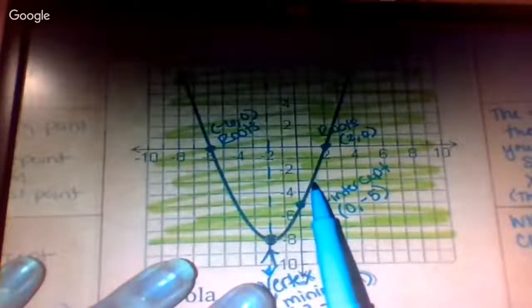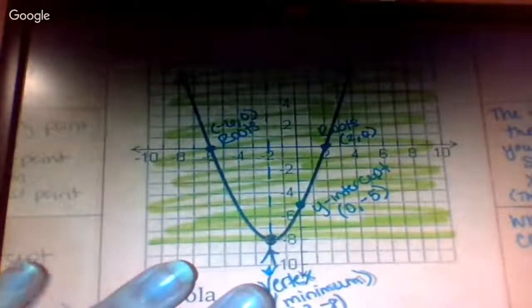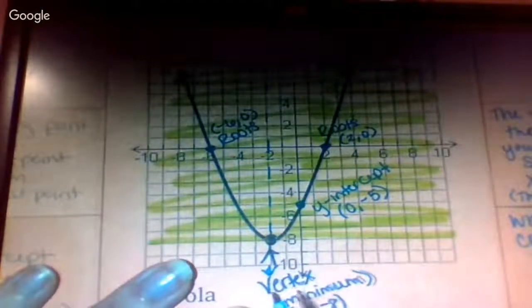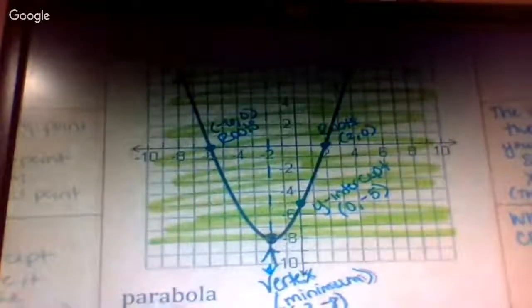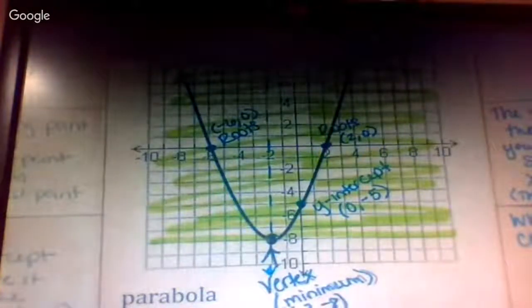Your graph is down here. -3. If I tell you x is -3, what is your y value? -7. Okay. So is there an x value that I can tell you that you're not going to be able to find a point? If it's off the line, yes. But in all reality, if this is going to continue, is there any x value I can't use?